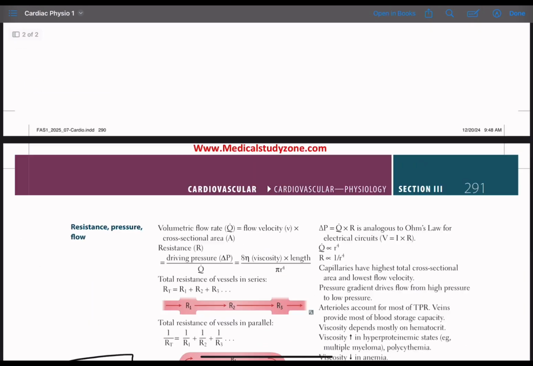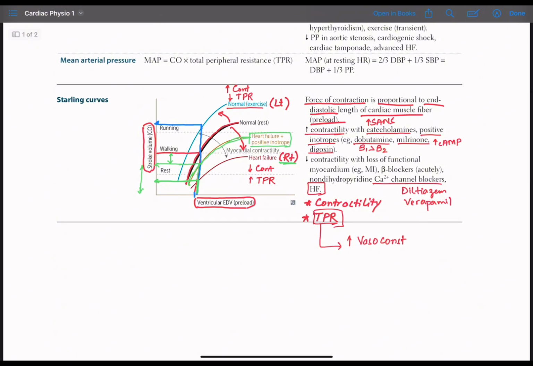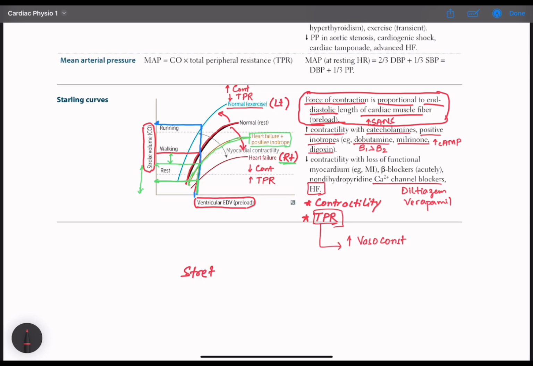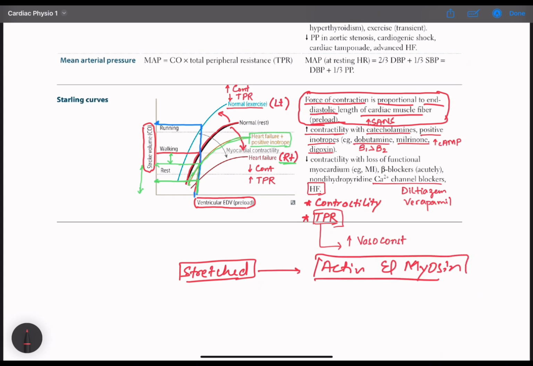One thing which I have missed is why do we have this phenomenon, or why does the heart behave like this, the Frank-Starling curve? The reason is that at a stretched position, the actin and myosin filament contraction is best achieved.